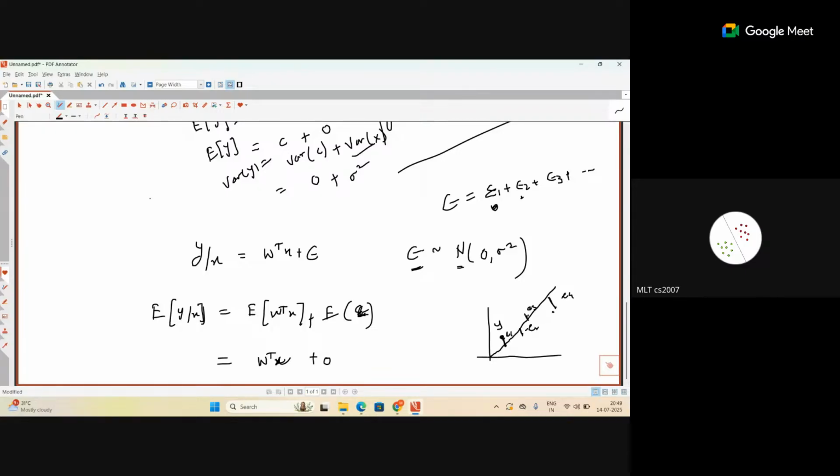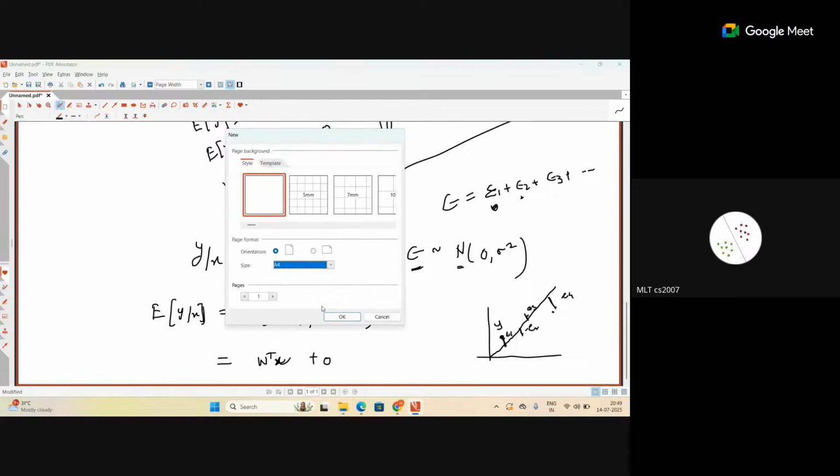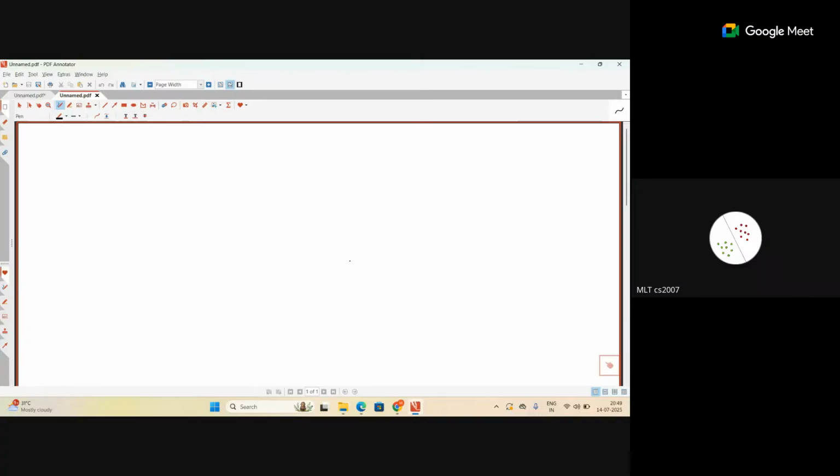So till now, if all of you are here with me, we can understand it like this. We were saying that y given x is normally distributed with what expectation?